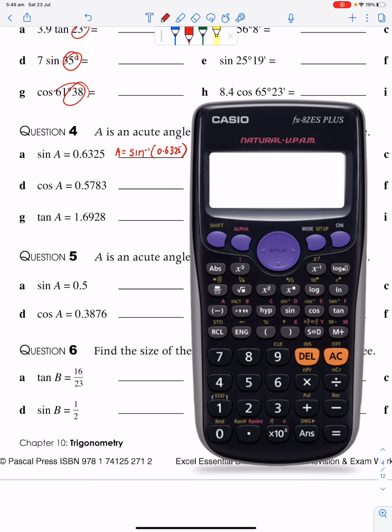Okay. So you literally got to press shift sine 0.6325 equals. Okay. Shift sine 0.3625 equals. That's what you got to press. And then you will get the right answer.